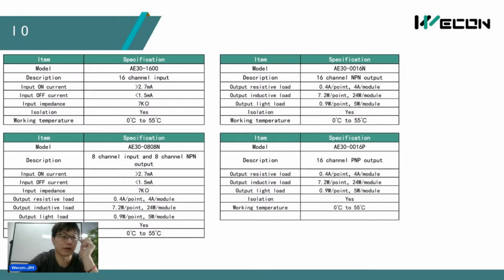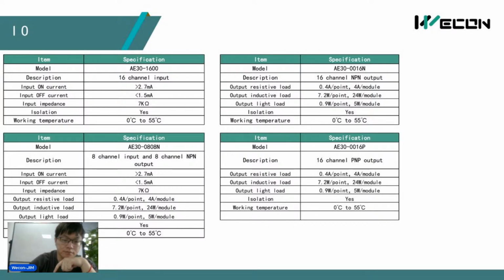Here, in the I/O modules, we have these 4 types, and we will have more types. For the naming, the first 2 digits are the input channels, and the next 2 digits are the output channels. So you can easily understand this one is a 16-input I/O module, and this one is a 16-output module. After the output, we can see a letter, N or P. N means NPN, P means PNP.